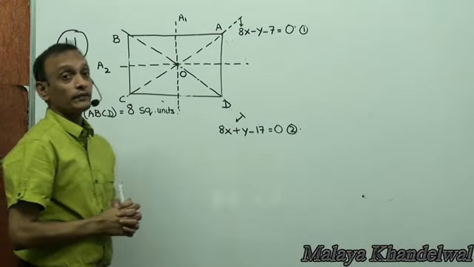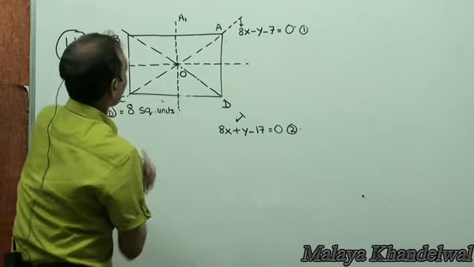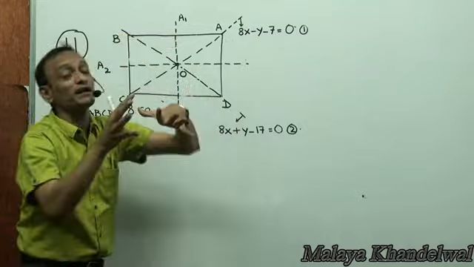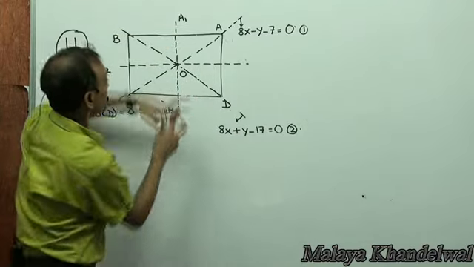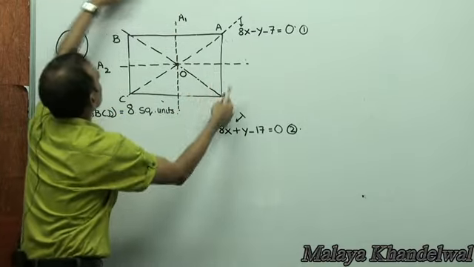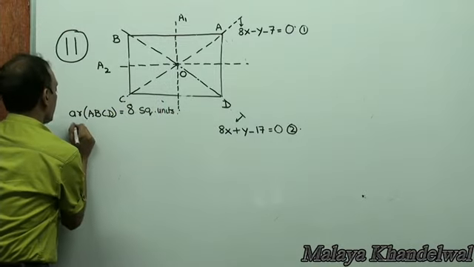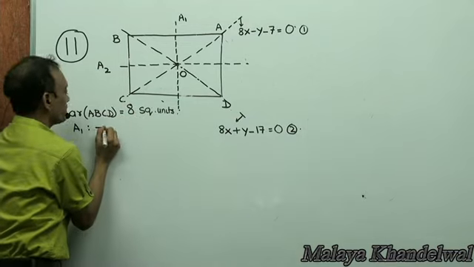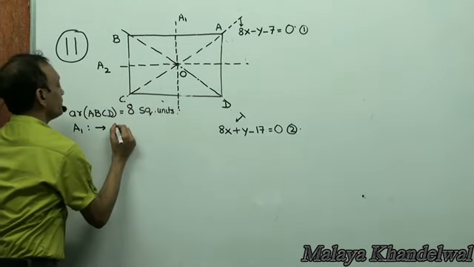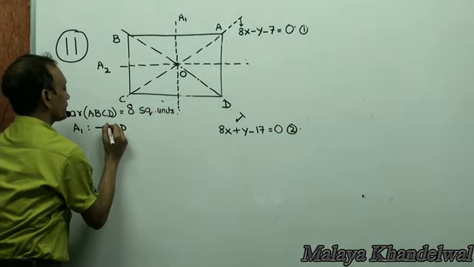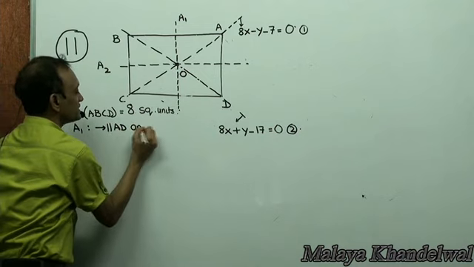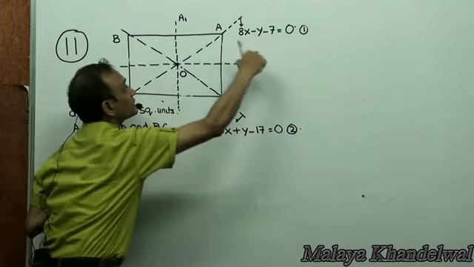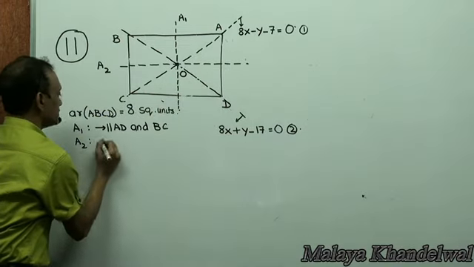Now, would you be averse to believing that the angle bisectors A1 and A2 would be parallel to the sides of the rectangle? That means the angle bisector A1 would be parallel to AD and BC. And the angle bisector A2 would be parallel to AB and CD.